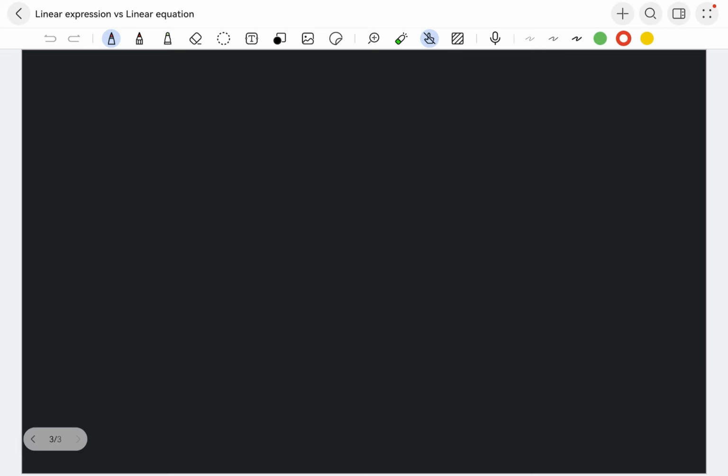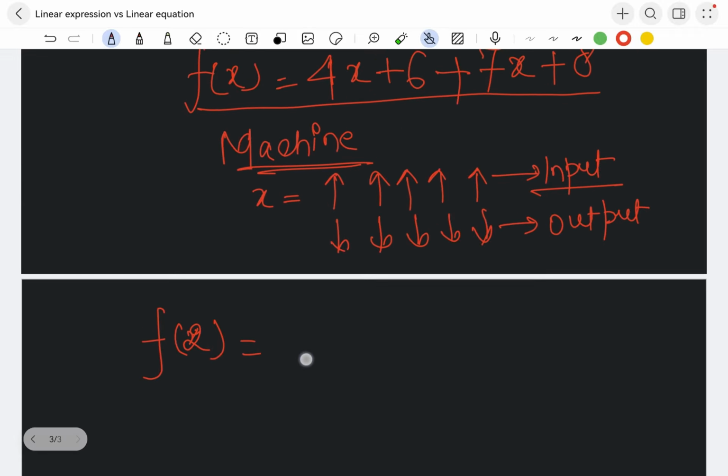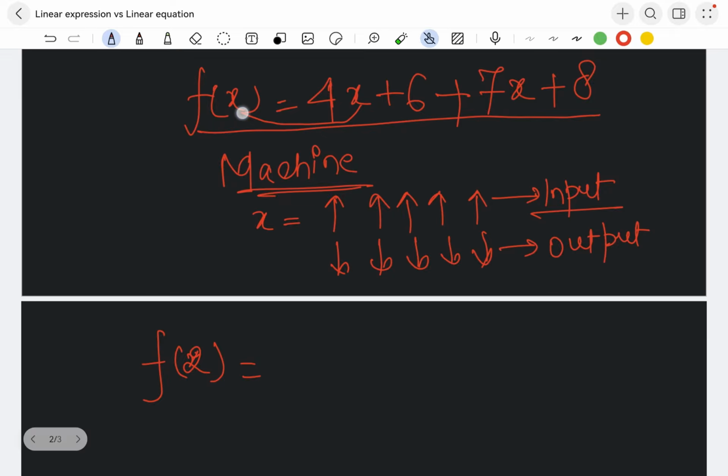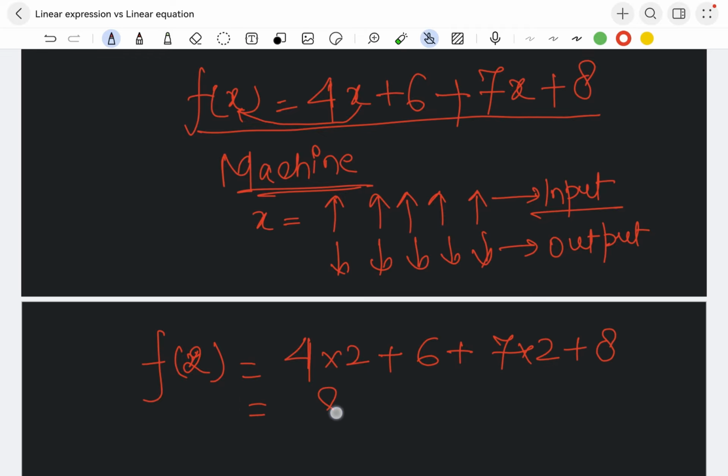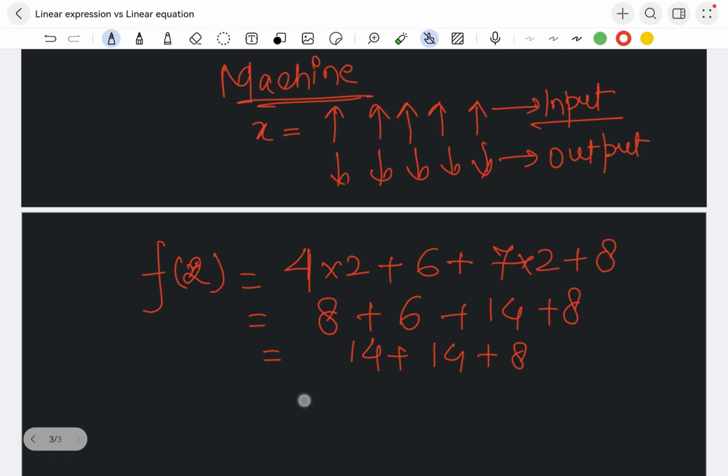For the timing, let us take the value x equal to 2, that is f(2). That means wherever there is an x, we have to substitute 2. So 4 into 2 plus 6 plus 7 into 2 plus 8 gives 8 plus 6 plus 14 plus 8. 14 plus 14 plus 8 gives 36.